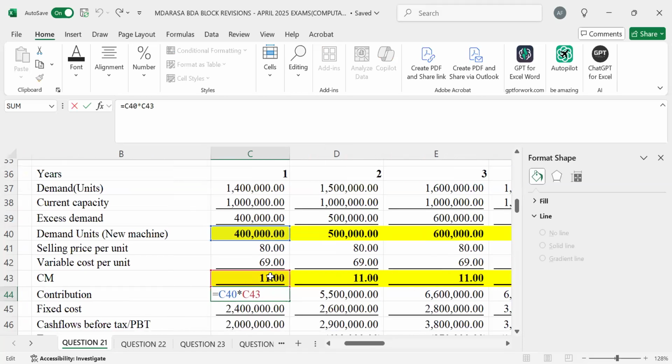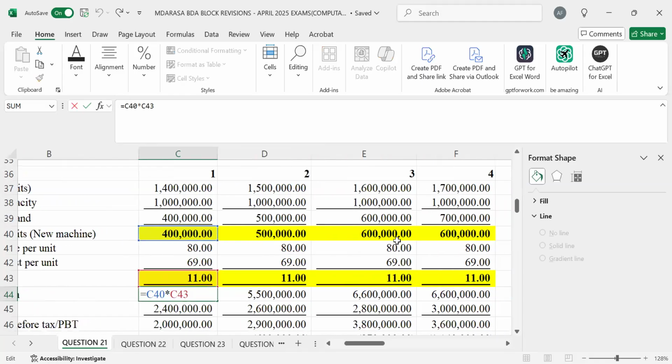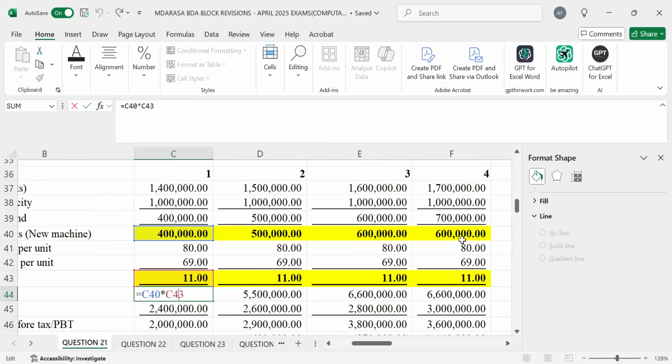No, the demand that the new machine will give us. It is not 600. For year 1, it is 400. Year 2, 500. Year 3, 600. Year 4, 600. Because we cannot surpass the 600; in year 4 the excess demand was 700, but the one that this new machine could give us is only 600.